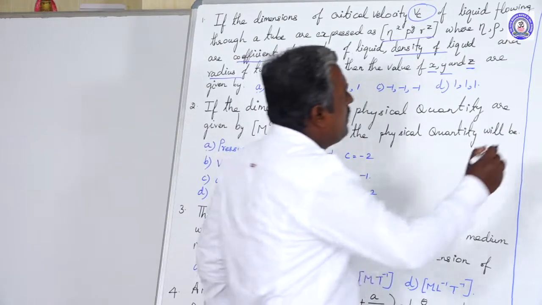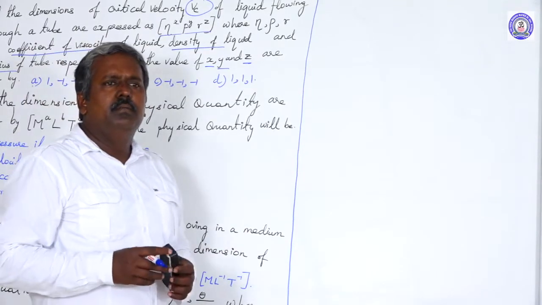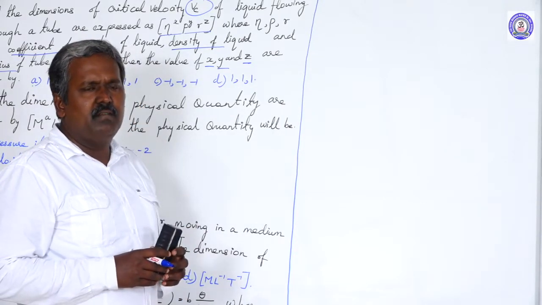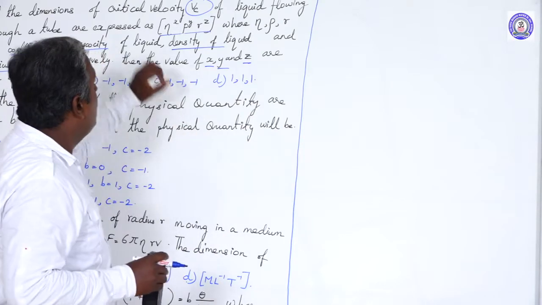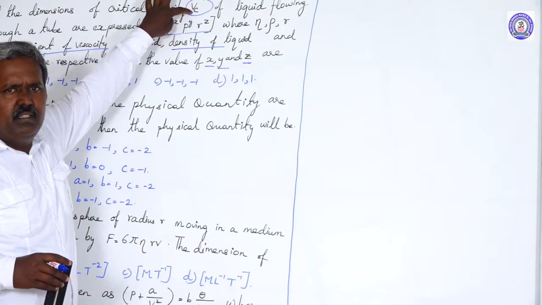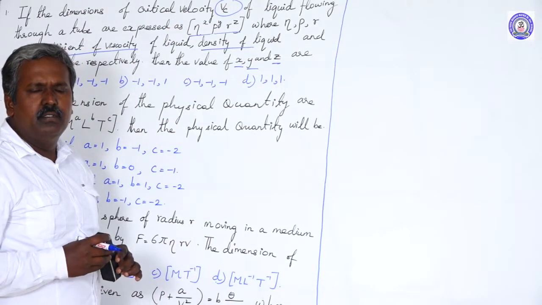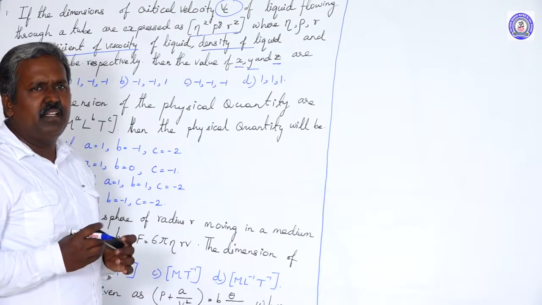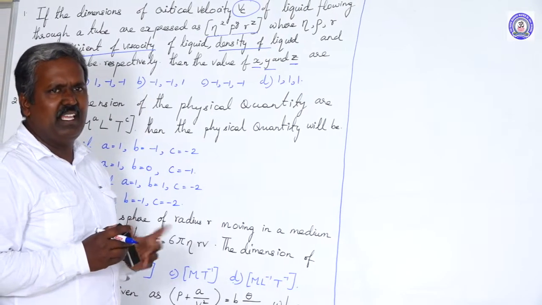First, according to the principle of homogeneity, or by application of dimensional analysis, here we see one quantity depends upon these quantities. Q is proportional to Q1 power a, Q2 power b, Q3 power c, like this.